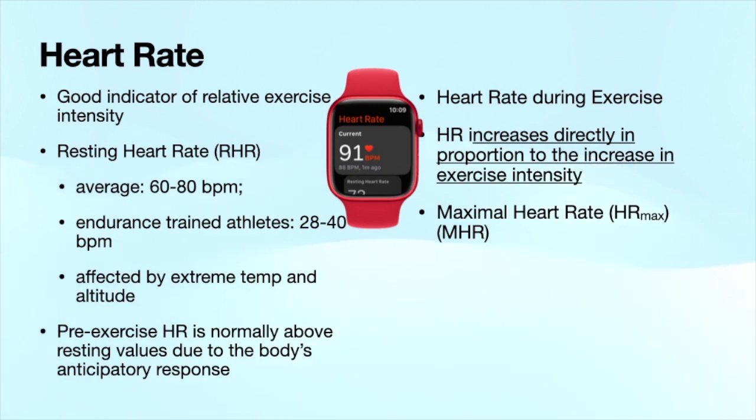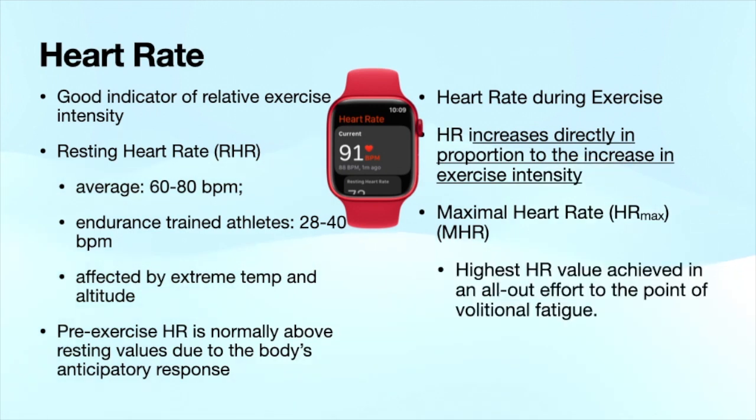What is HR max, first of all? HR max is the highest value achieved in an all-out effort to the point of volitional fatigue, because you can't do it anymore. Volitional fatigue.